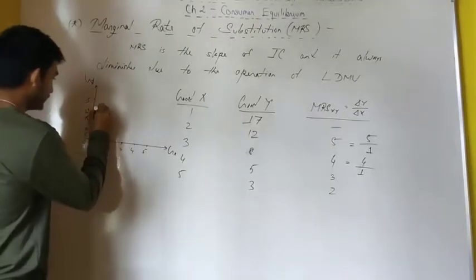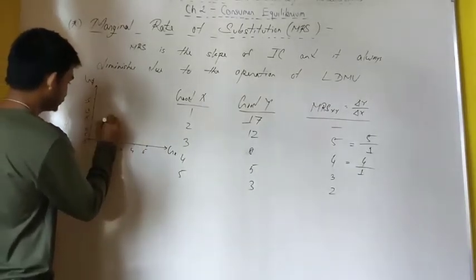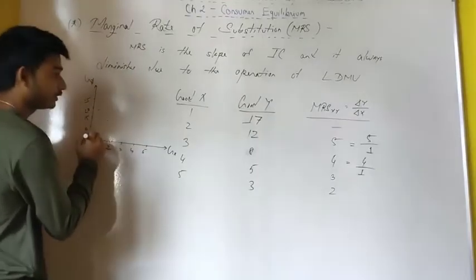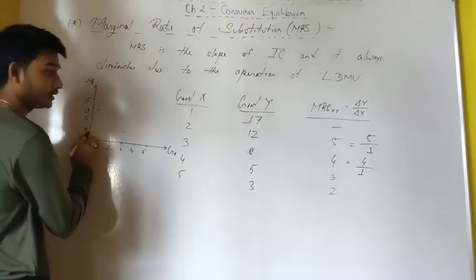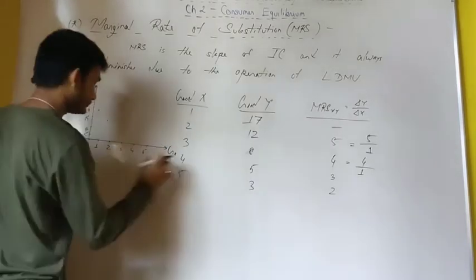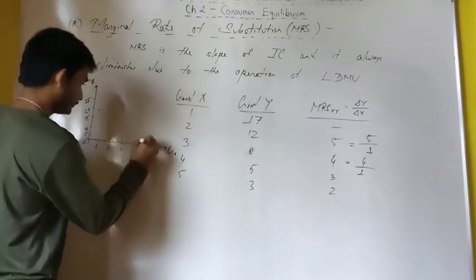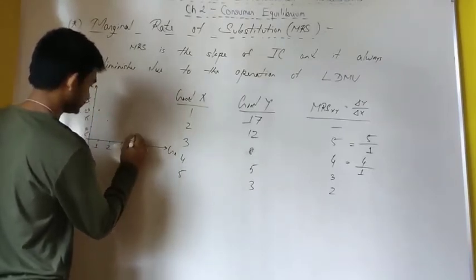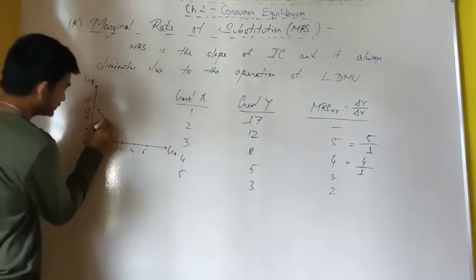For 1 it is 17, for 2 it is 12, for 3 it is 8, for 4 it is 5, and for 5 it is 2. Okay, now let's join these points.